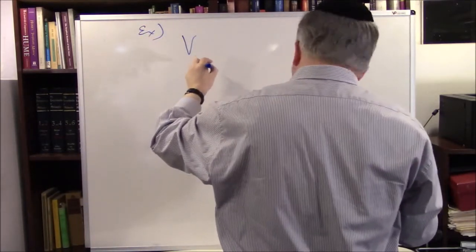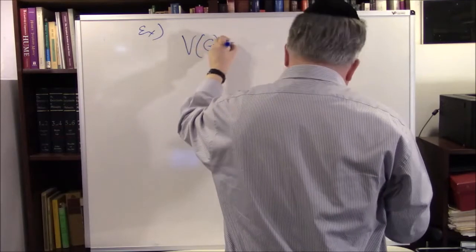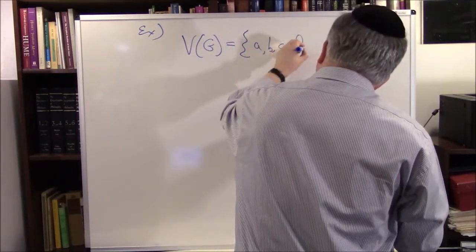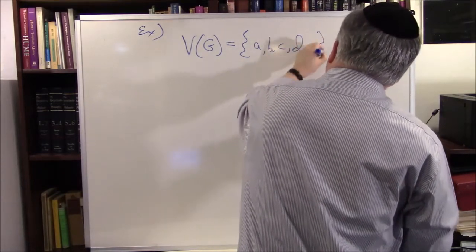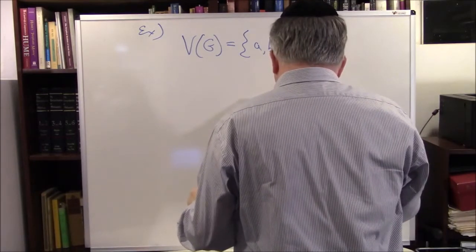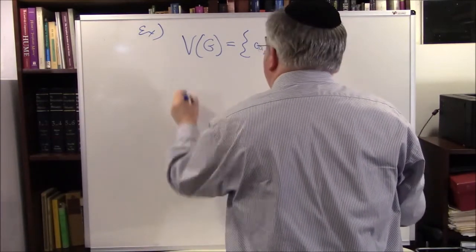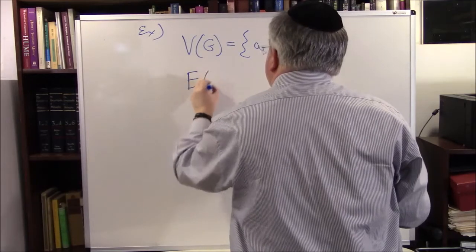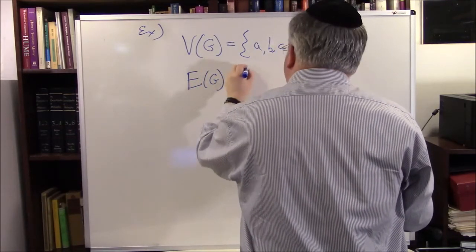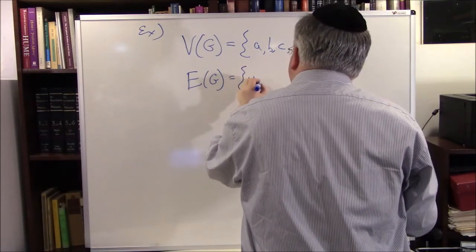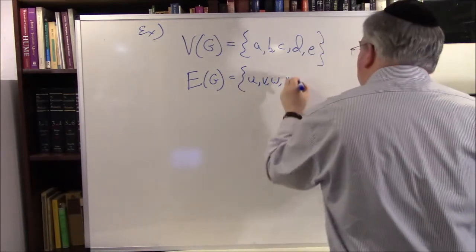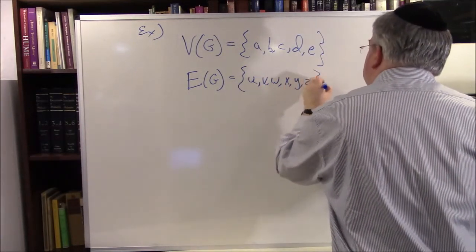The vertices of G is equal to {A, B, C, D, E}. Can't think of a better list. Okay, and the edges of G are u, v, w, x, y, and z.